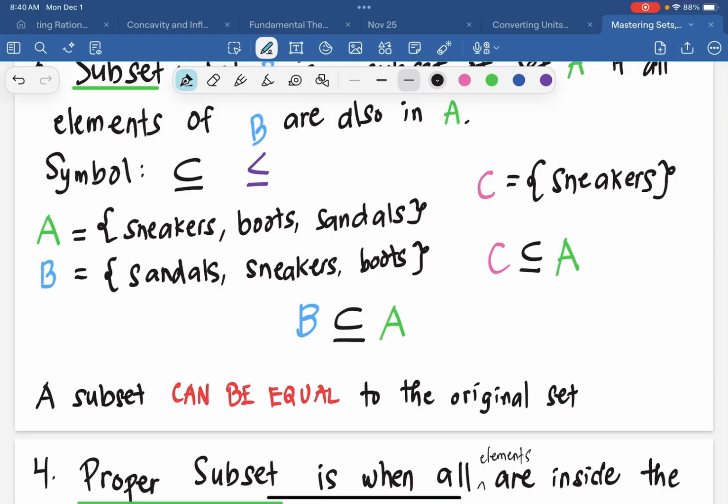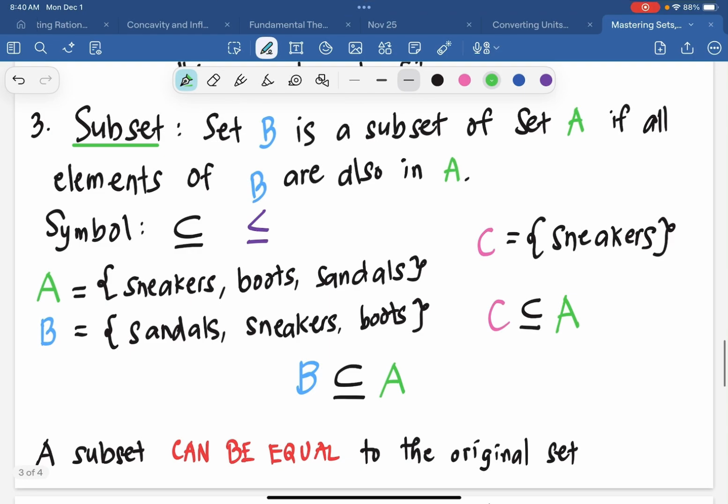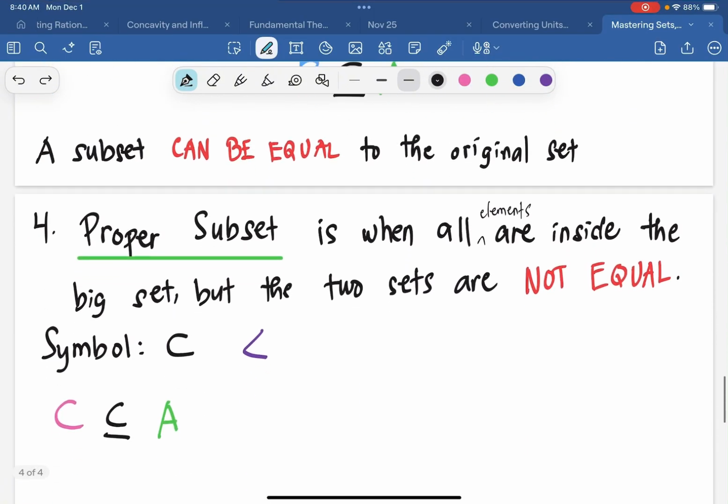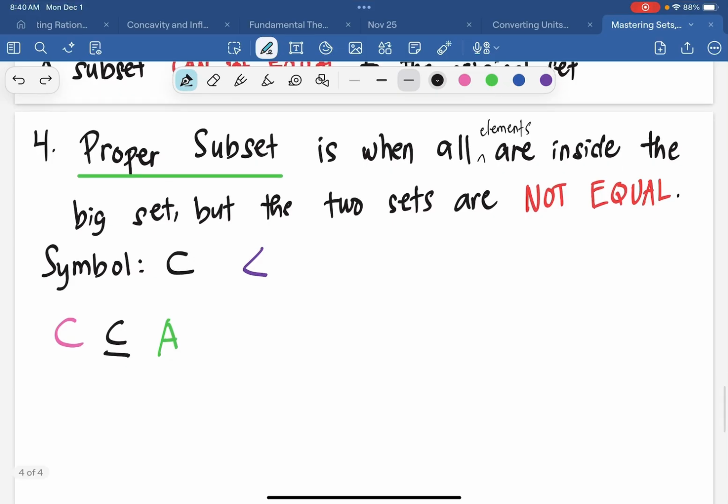However, if you are going to take account of A and C, because again we have this, C is a subset of A because C only has one item, which is less than the original number of our main set, which is set A. So based on that, it should be a proper subset.